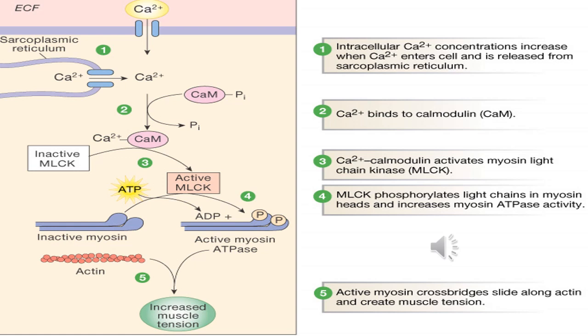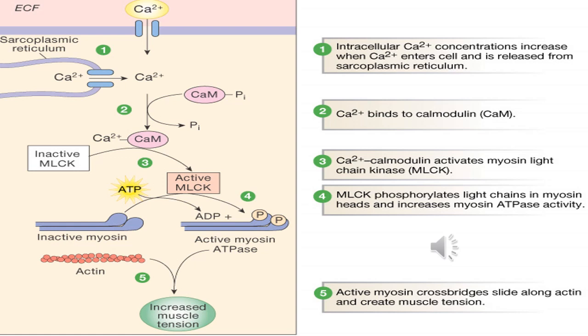Number one, we have intracellular calcium concentration increasing, and we saw several ways in which this can happen. So it can come from the sarcoplasmic reticulum or through receptors along the membrane itself. Then number two, the calcium will bind to calmodulin. Then we have an activated calmodulin activating myosin light chain kinase.